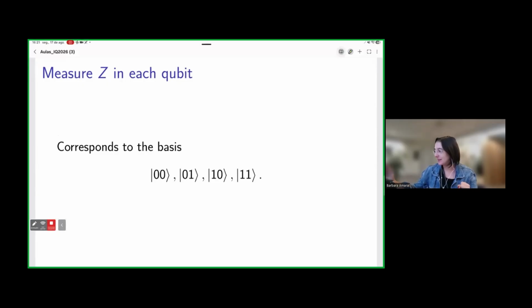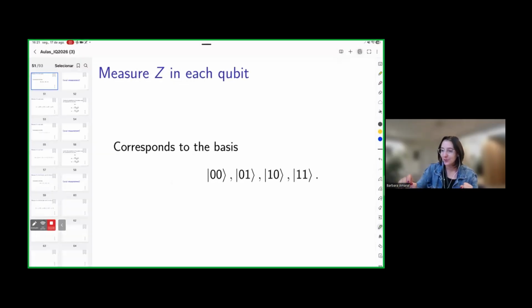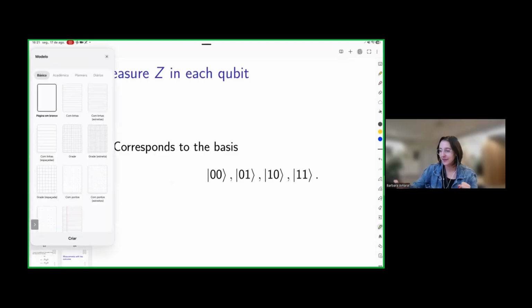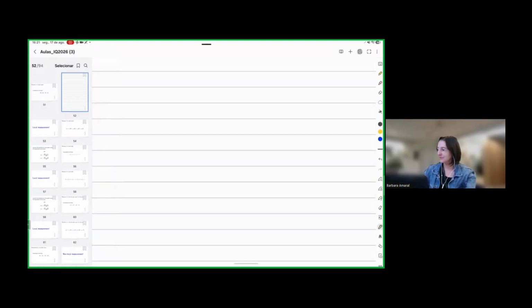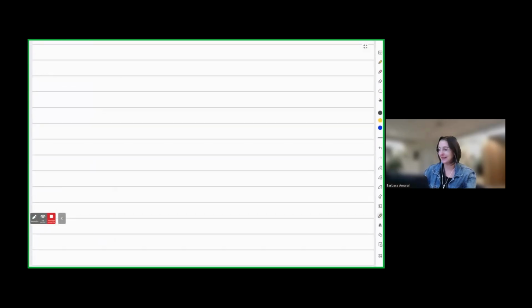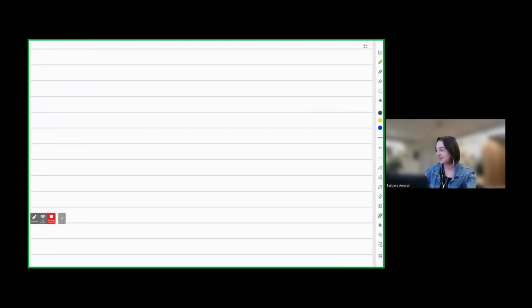Let me just show you. It took me a long time to learn this, and I was super intrigued when I did, but it's absolutely trivial.